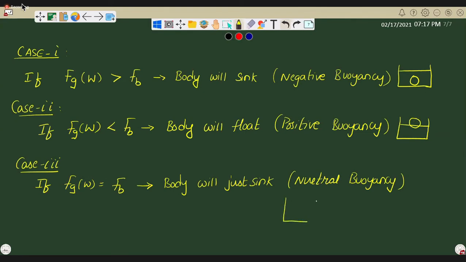And if you're talking about neutral buoyancy, the body will be like this. Understood? Clear?